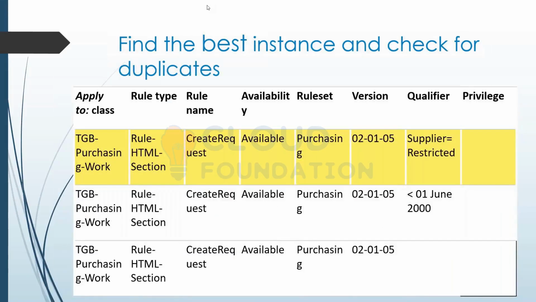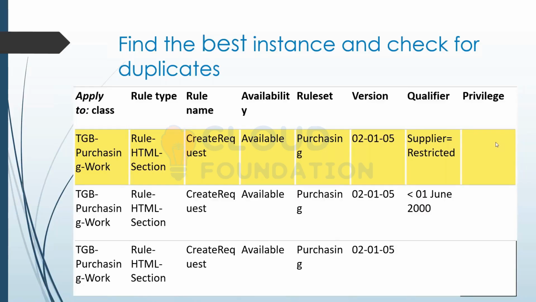Of the 3 candidates, I see 2 of them are related to circumstances and one is the base rule. For example, the first one is based on a qualifier called supplier equal to restricted. If in the given context of the case execution, the supplier property is set to restricted, then this highlighted rule is going to be picked.